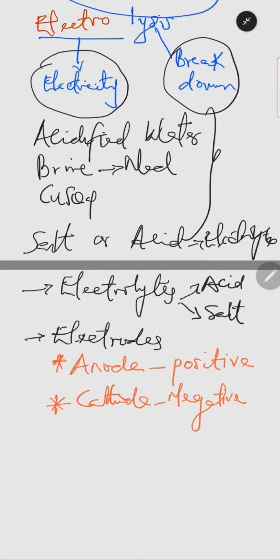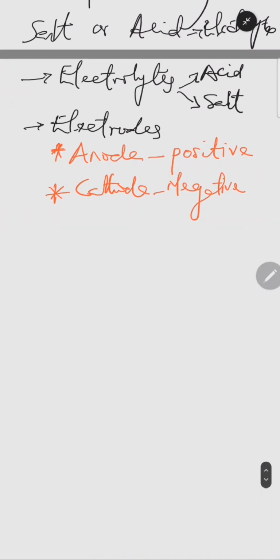We also need our source of electricity, which is direct current, maybe from a battery. Then we need the container, which will contain the electrolytic setup. We call it voltameter.